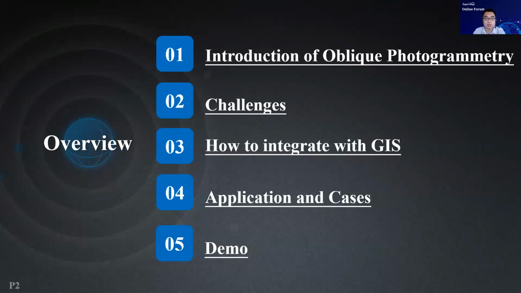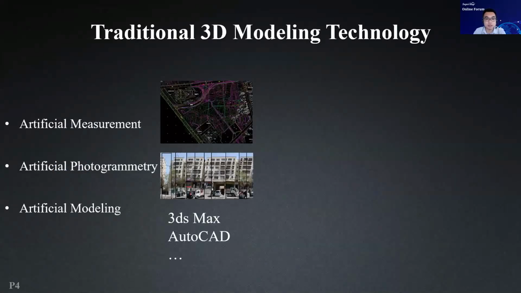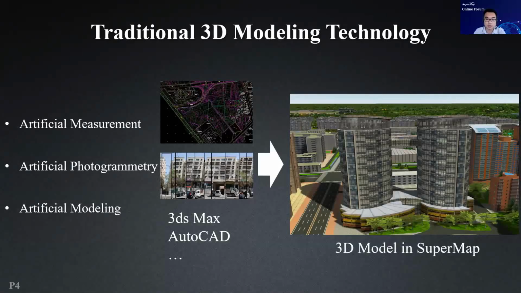So the first part, we can have a general introduction of optical photogrammetry. As we mentioned, for optical photogrammetry, we need to start from traditional 3D modeling. In the traditional way, we use artificial measurement or artificial modeling to make the 3D model, like using 3ds data from 3D Max or data from AutoCAD, and we use the data to build the 3D model manually.